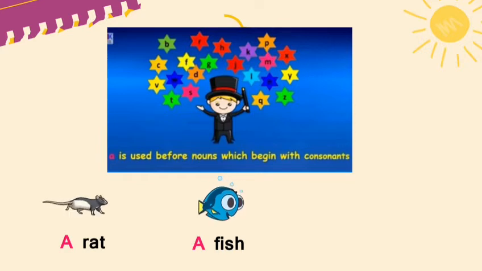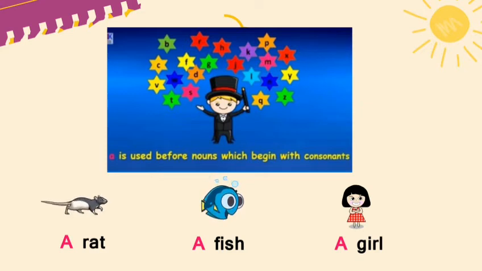So we write a fish. This is a girl and the spelling of girl is G-I-R-L, girl, and the beginning sound is G and G is a consonant. So we write a girl.